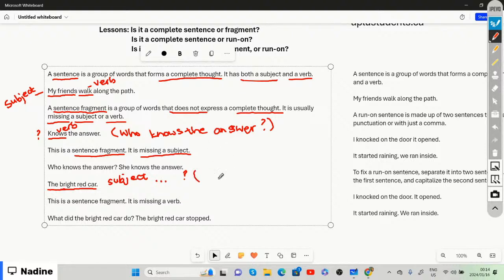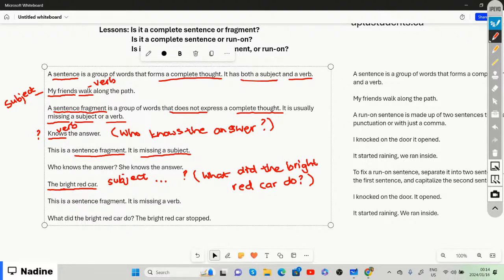Or you can ask yourself, what did the bright red car do? Because remember, the verb is basically an action. So you need to identify what somebody did or do or does.